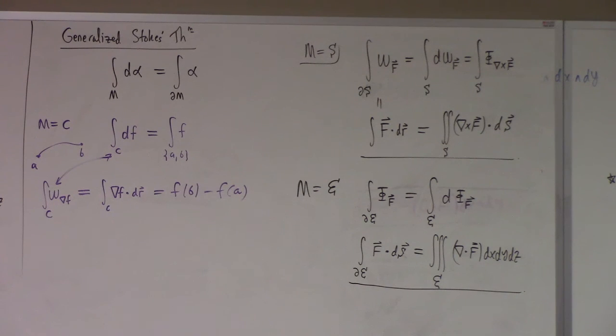So what I'm telling you is the fundamental theorem of calculus, Green's theorem, Stokes' theorem, the divergence theorem, all of the integral theorems of calculus are really the same theorem. They're all the Generalized Stokes theorem, viewed properly through the lens of exterior calculus.